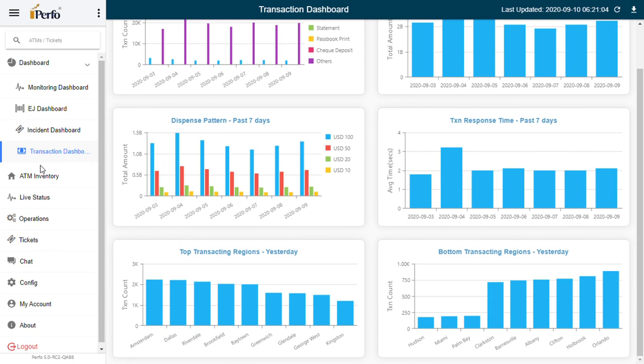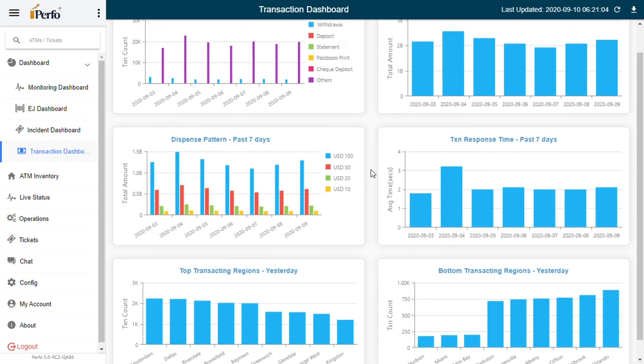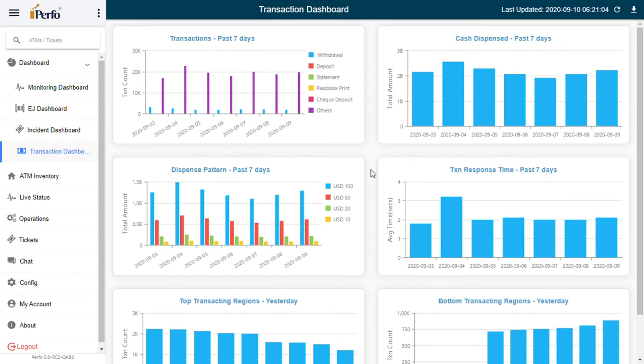Which means the cost of running your ATM network is optimized. More transactions on your own network and greater availability of your own network also means that you can attract other bank customers and earn interchange fees on them, right? So these statistics and analytics help you to optimize your ATM placements. The transaction trends graphs help you to optimize your ATM placements.